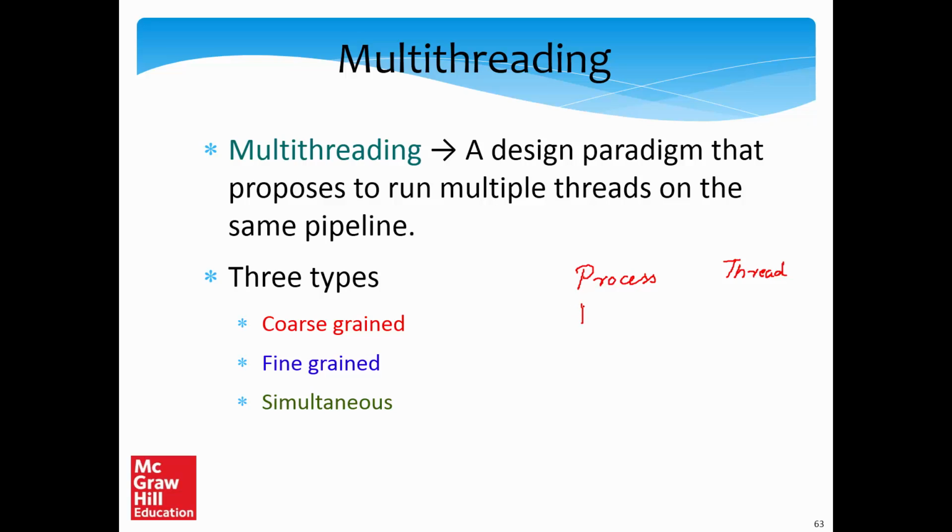However, two processes in general do not share the address space, but two threads actually can share the address space. It is possible for two threads in principle to share large parts of the address space. So multithreading is basically a design paradigm that proposes to run multiple threads on the same pipeline.